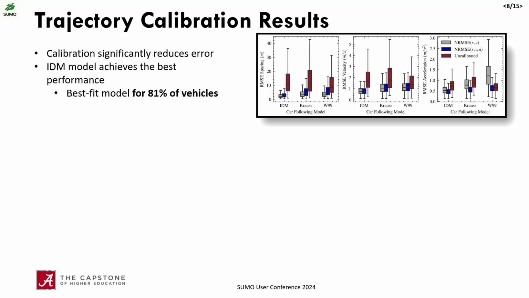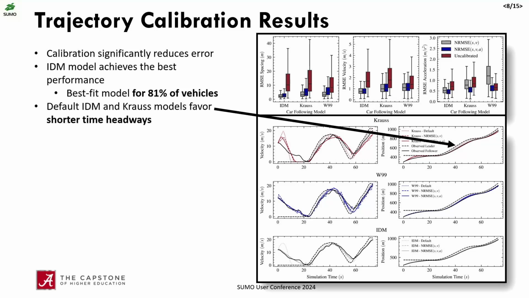So there still are some vehicles where the W99 or the Krauss car following model might ultimately fit better after calibration. This is a velocity profile and the position profile of the video that I shared in the last slide. By looking at this trace, and also in general, and I didn't include this figure, but it's in the paper, of headways, IDM and Krauss favor shorter headways than W99.